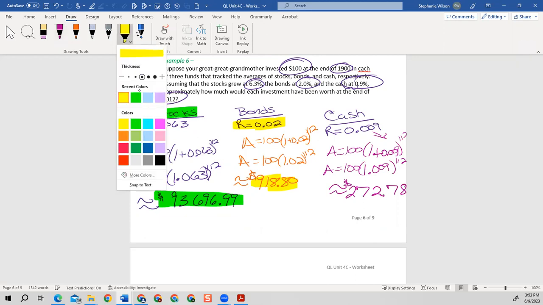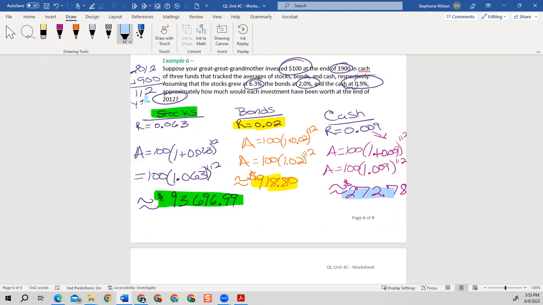So that would be on our cash. That would be great. The best one is the stocks, but it would be great if you had it in all of those accounts and then you add it all up. I mean, that's a good chunk of money that the great-grandmother saved.